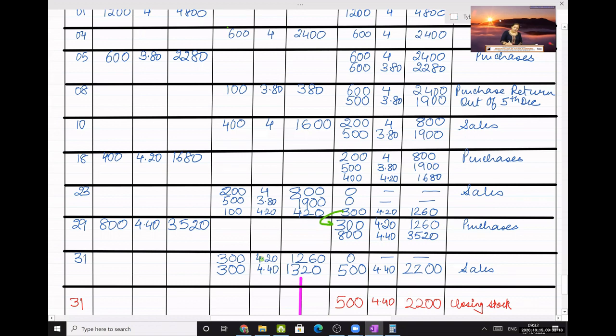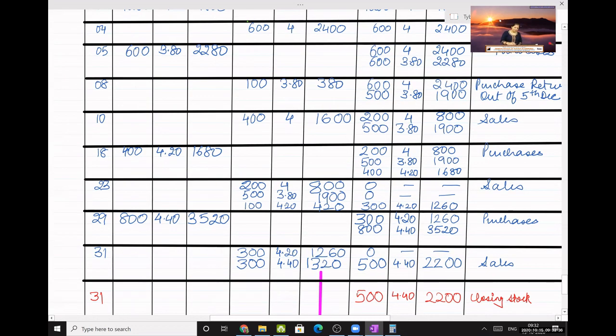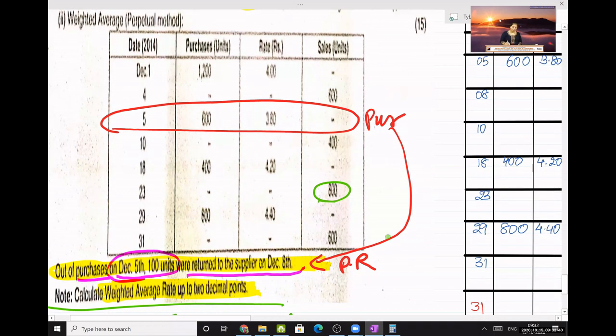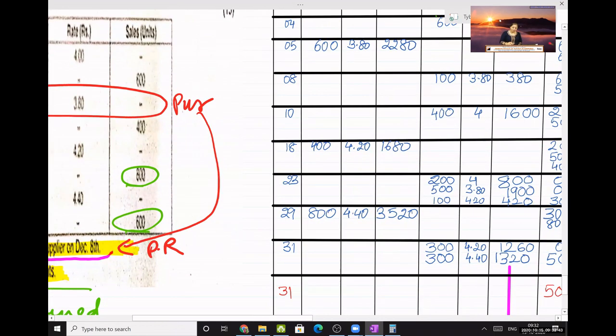So this is first, this is the next stock, keep it below. Purchases. Then on the last day, 31st December, there is again a sale of 600 units.